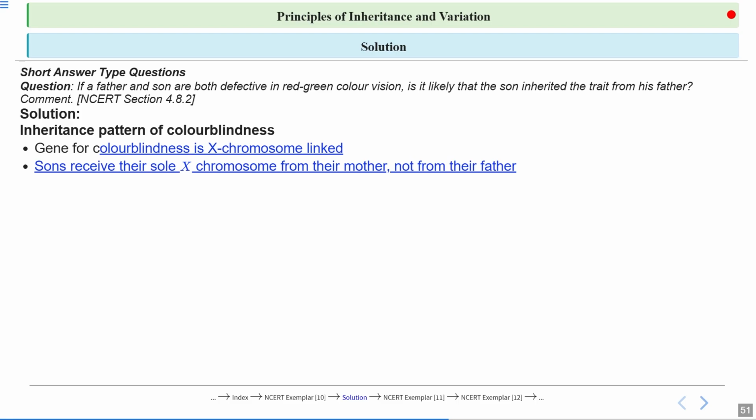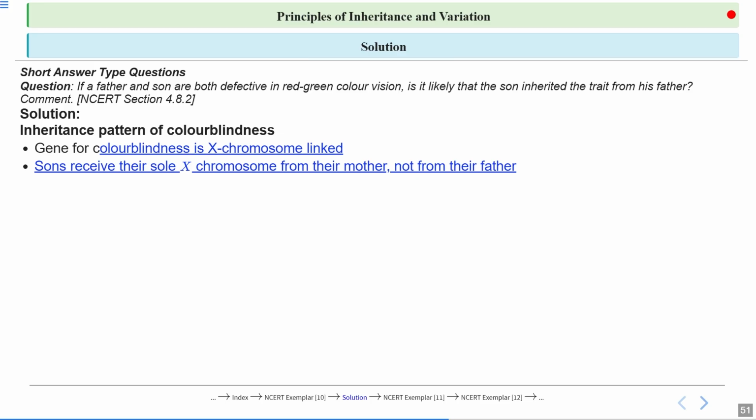Now you can see the father will only transmit the Y chromosome to the sons, not the X chromosome. So sons, the males, receive their X chromosome from the mother, not from the father. If the father has color blindness, he will not transmit it to the son, because he is only transferring the Y chromosome.